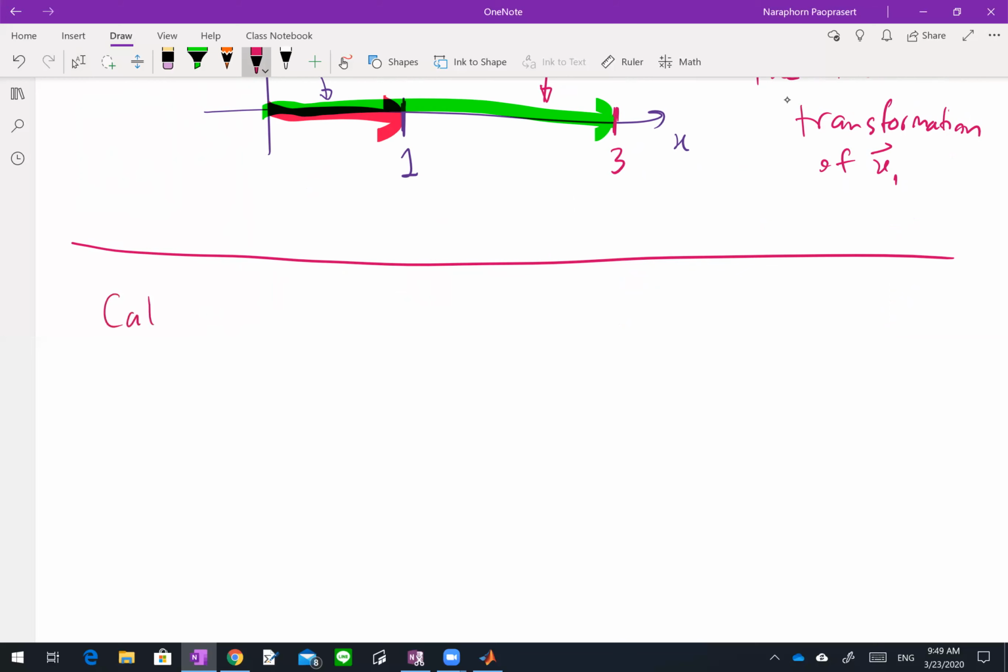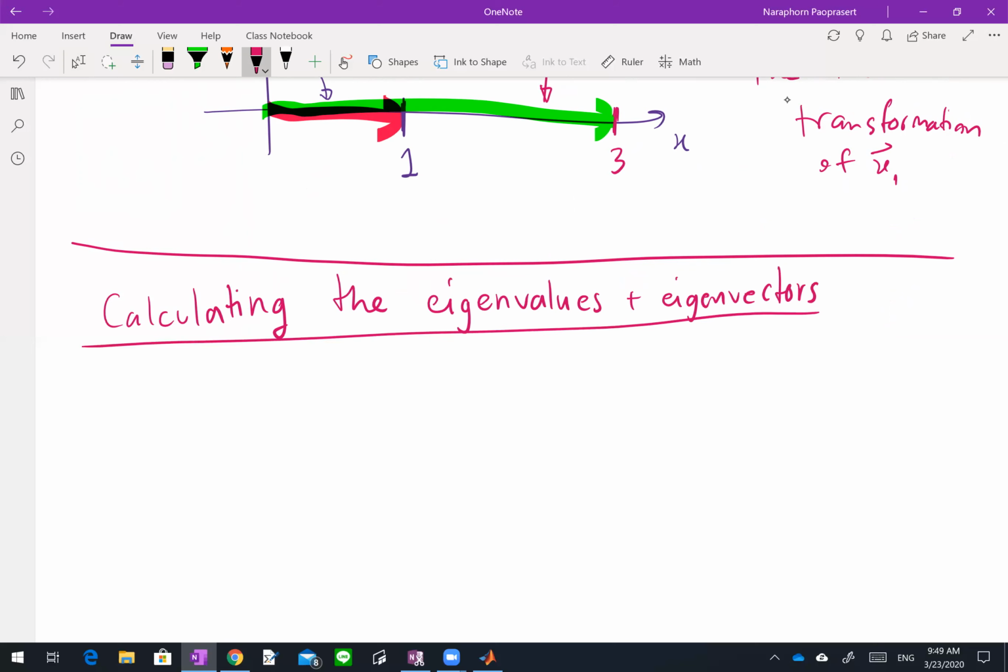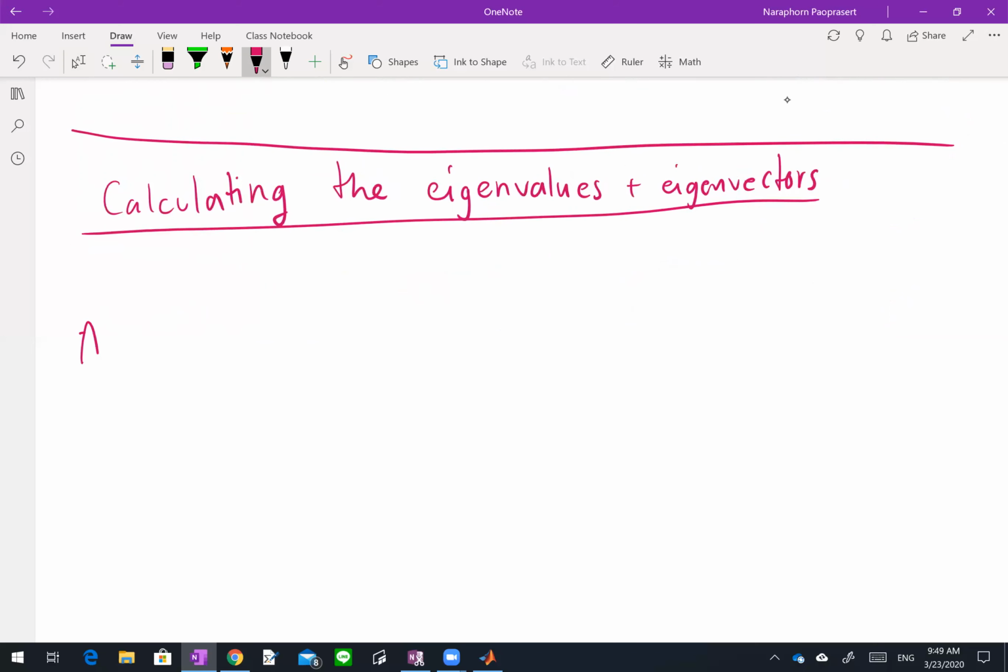Okay, calculating the eigenvalues and eigenvectors. I'm going to start with A equals 3, minus 1, 0, minus 1, 2, minus 1, 0, minus 1, and 3. So this is just a 3 by 3 matrix.